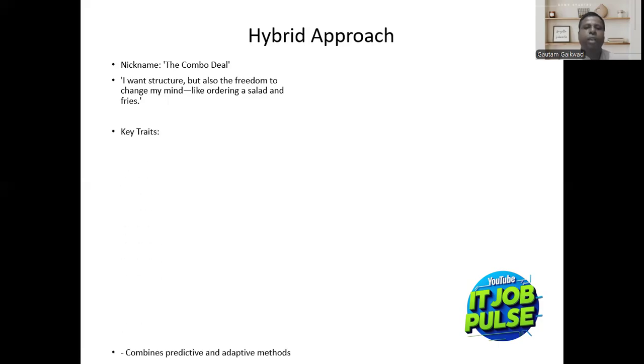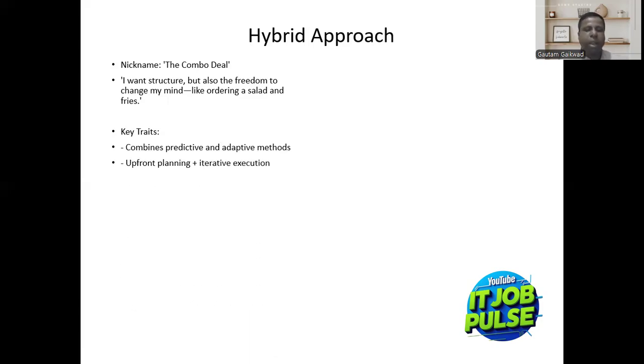Key traits: it combines predictive and adaptive methods, upfront planning plus iterative execution. So planning is done, then iterative execution means if there are changes required, we will change it. It is customized to project needs.